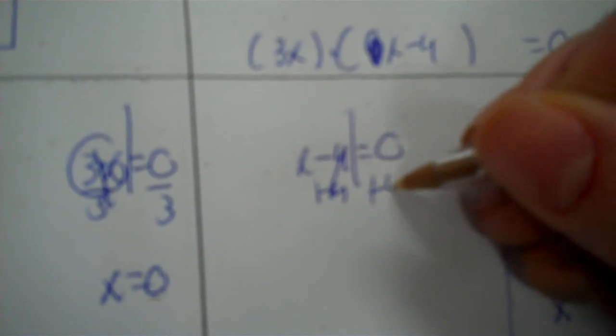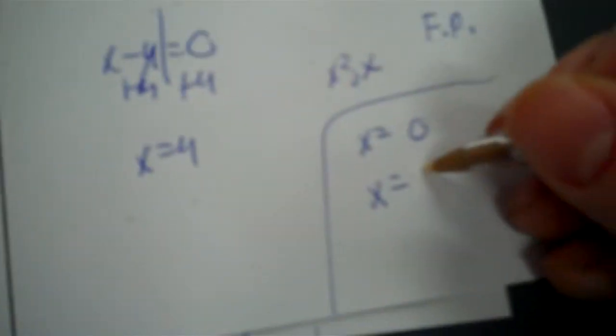So we've rewritten that in factored form, 3x times 1x minus 4. Get the 1 out of there, it's x minus 4. So 3x could equal 0, or x minus 4 could equal 0. That's 0 for your first solution. And then plus 4, there's 4 for your second.